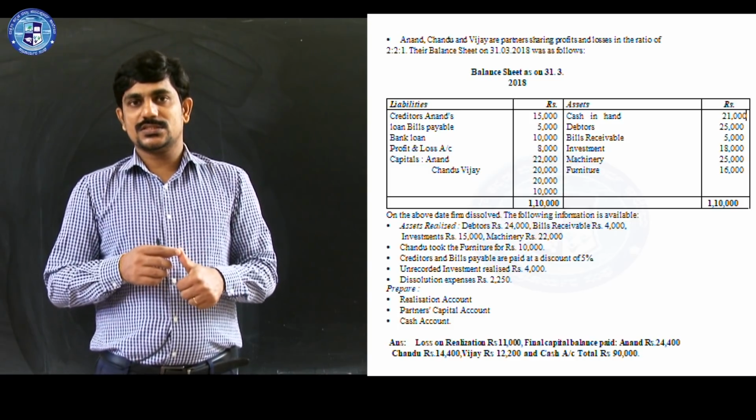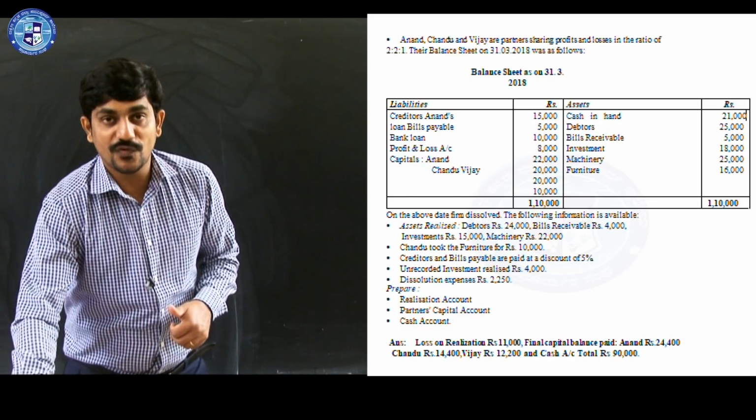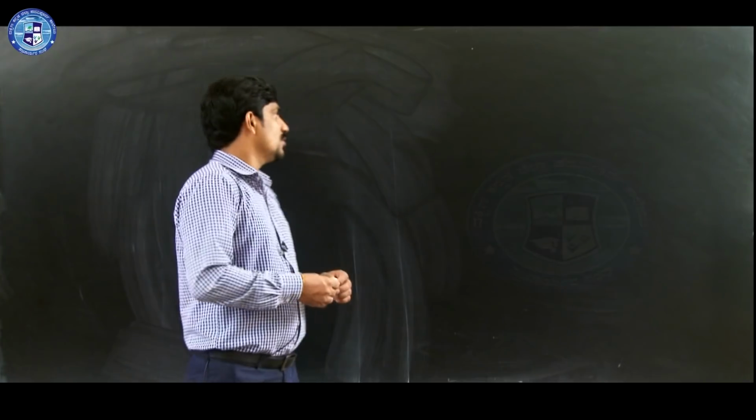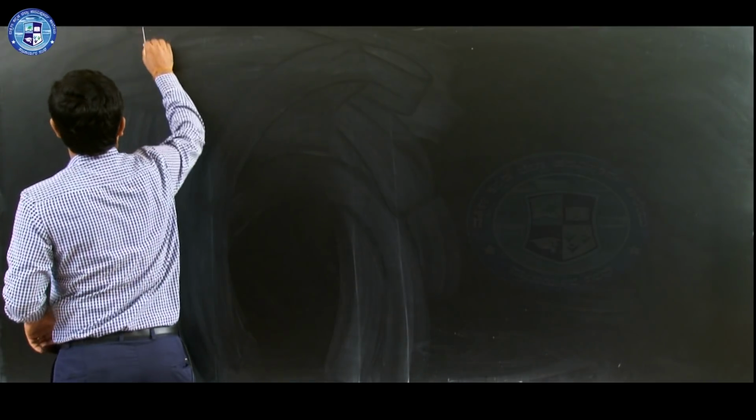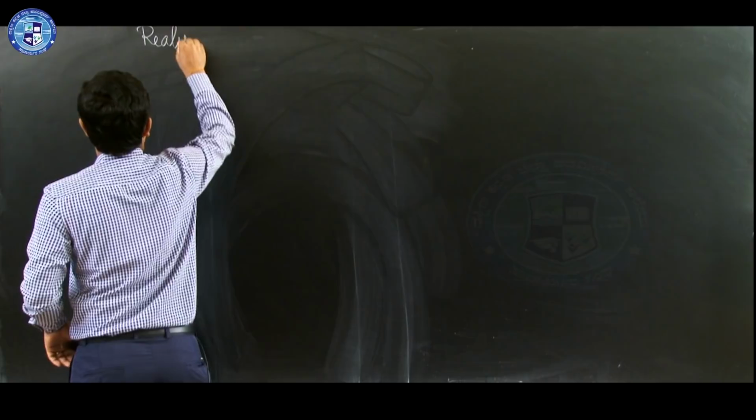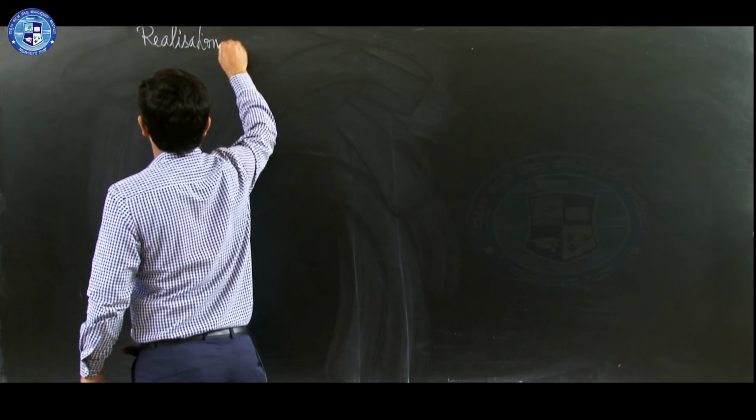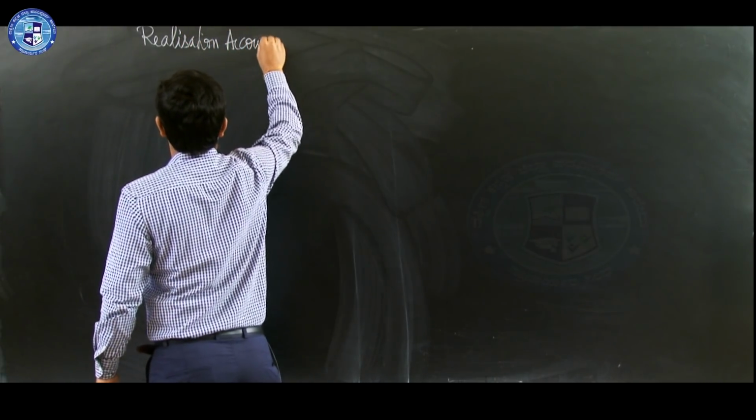So first let us prepare the format of realization account. Realization account consists of two sides, debit side and credit side.